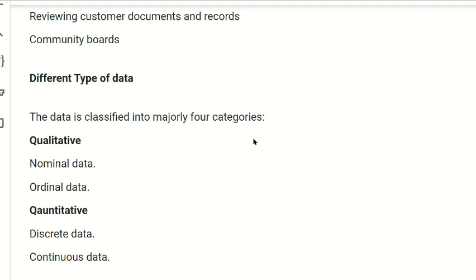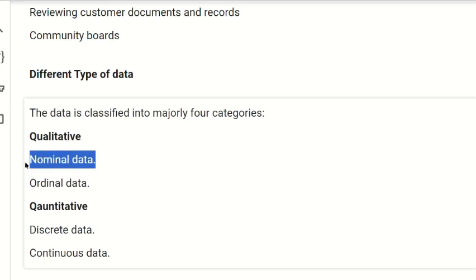Basically, there are different types of data: qualitative data and quantitative data. Quantitative data means we can count the data. Qualitative means we can't count. Nominal data, for example, we can consider name or gender.